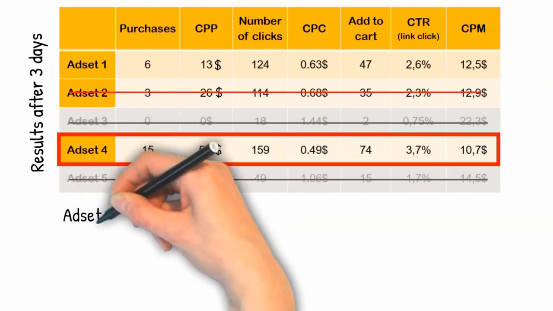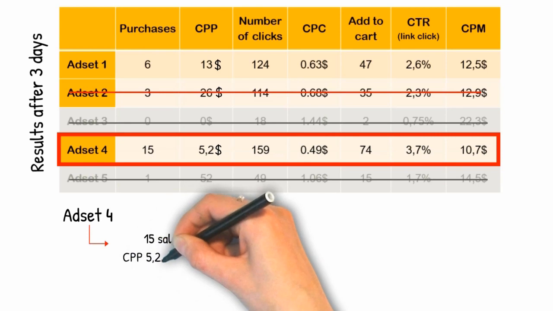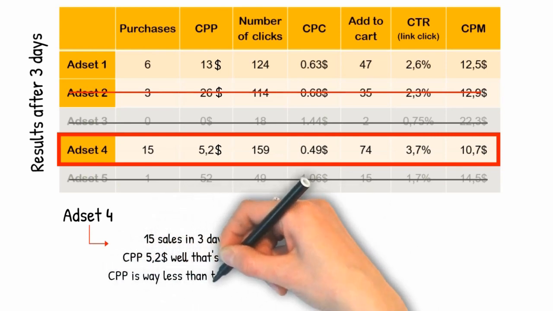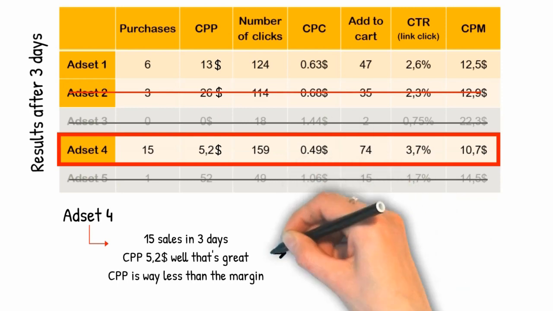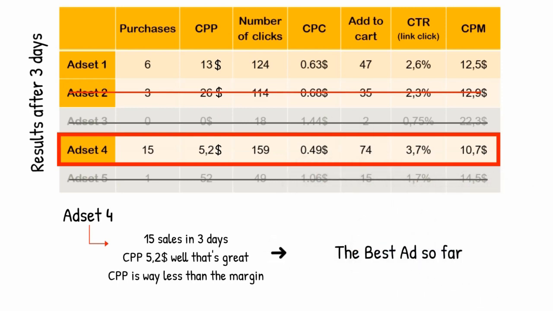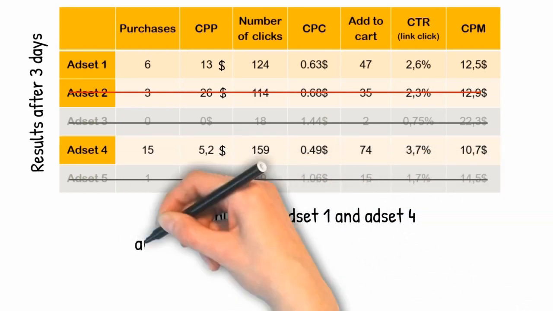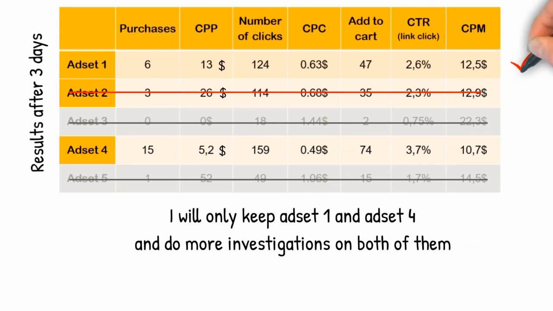Ad set 4 is our winner ad set with 15 sales in 3 days and with a CPP equal to $5.2, which is way less than our margin. This is the best ad so far. So what will happen now is that I will only keep ad set 1 and ad set 4 and do more investigations on both of them.